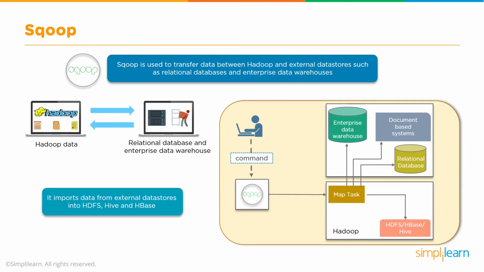The task manager then goes, hey, what have I got for the HBase and Hive system in our Hadoop system? And then it reaches out to the enterprise data warehouse or into the document-based system or relationship-based database. Relationship is your non-SQL. Document is just what it sounds like, you have HTML documents or Word documents or text documents, and it's able to map those tasks and then bring those into the Hadoop file system.